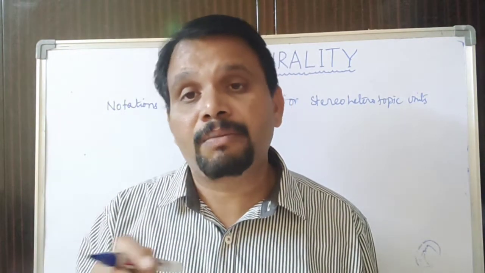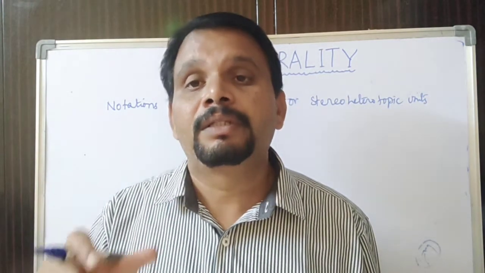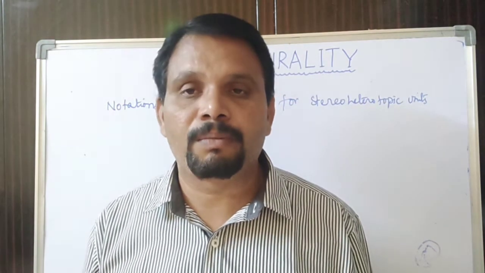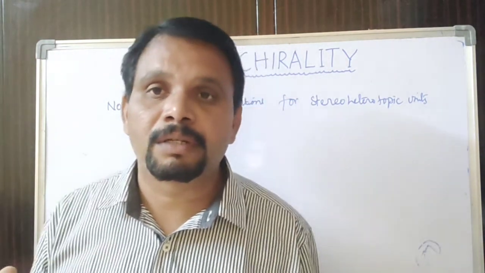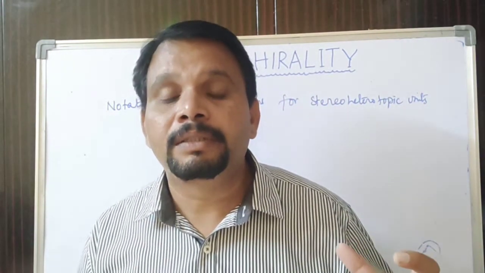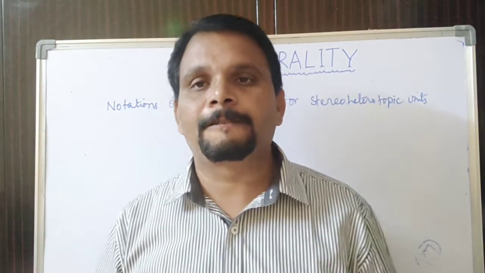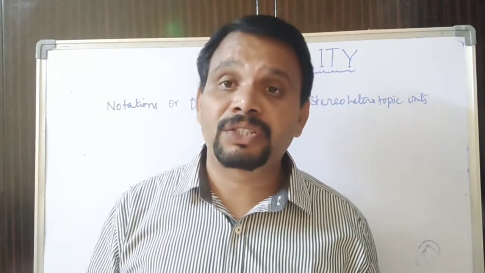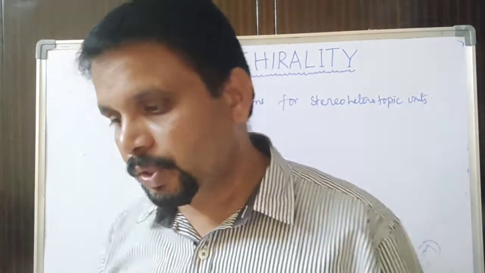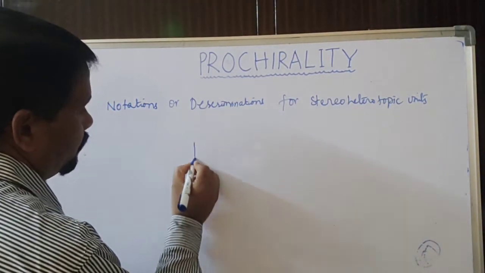If atomic weight is also the same for both, then you go for double bond or triple bond or unsaturation. If unsaturation is also the same for both, then you go for the next atom. Like that you can give priority according to the Cahn-Ingold-Prelog method. Okay, so I'll give you an example.